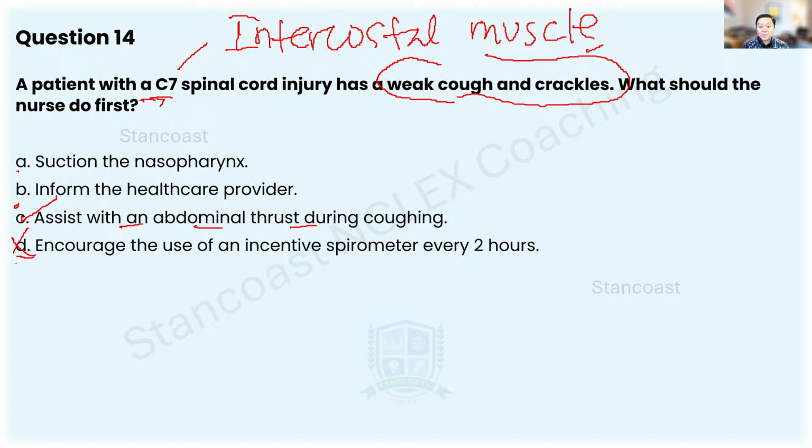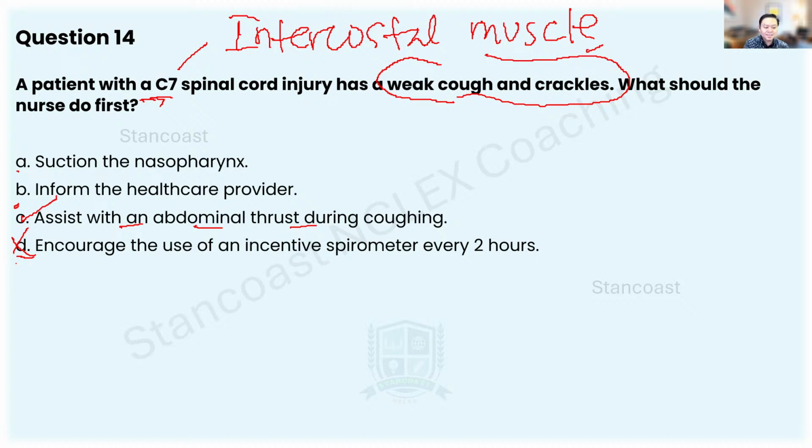It will help clear their secretions, because when you do the abdominal thrust, it actually will increase the pressure in the abdominal area, and this will help create that stronger cough. And this is a common maneuver that you should be doing to help the patient cough those secretions.